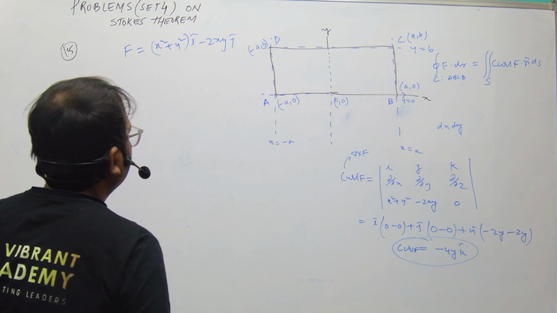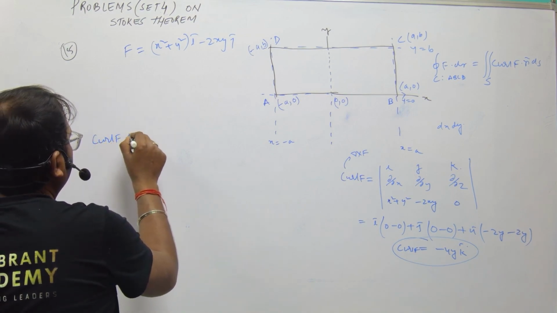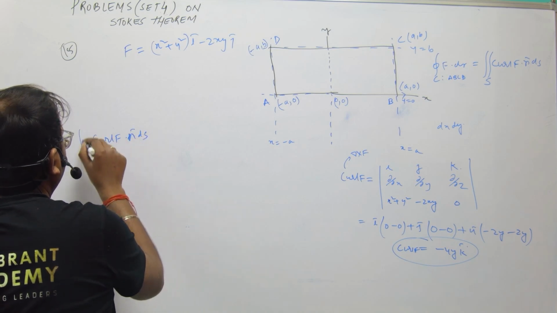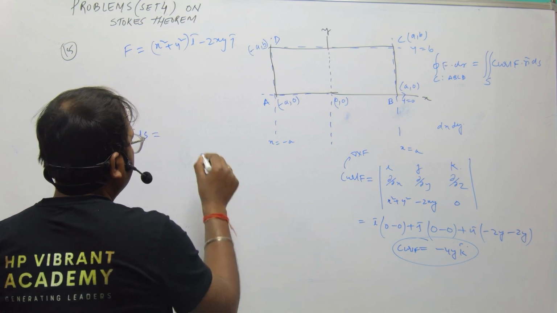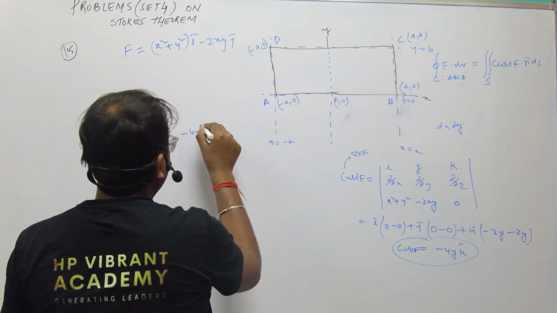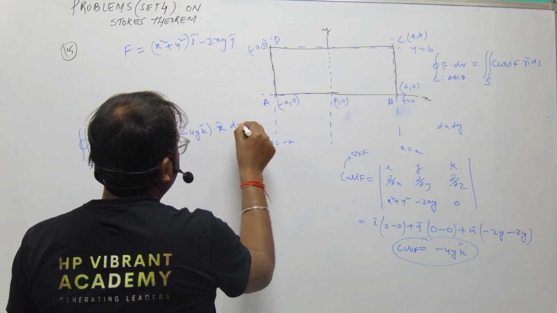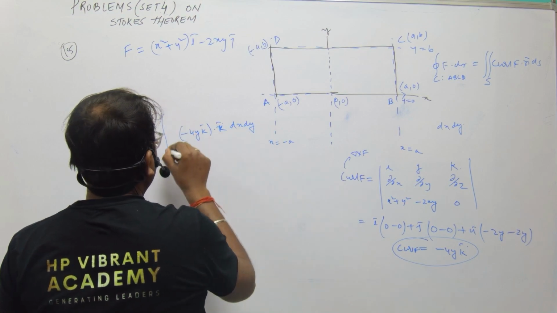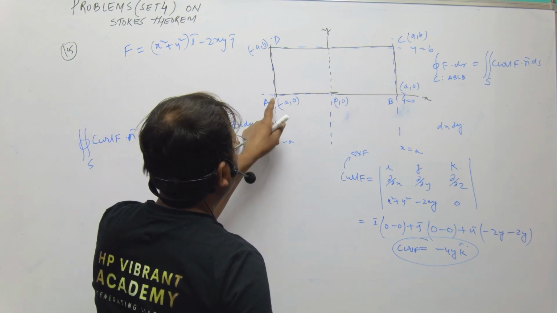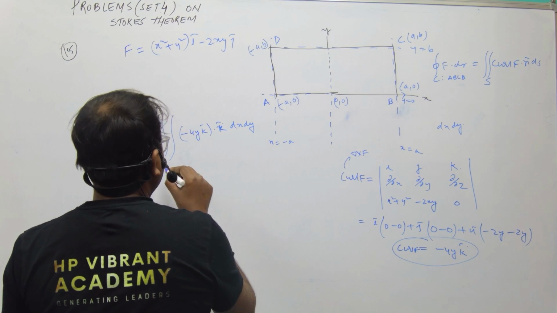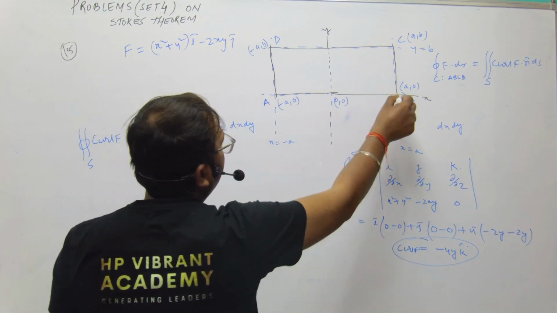So let us calculate the surface integral, that is curl of F dot n cap ds along the surface S. The value of curl of F is minus 4y k cap, dot n cap, which is k cap, into dx dy. Let us place the limits: x is from minus a to plus a, and y is from 0 to b.